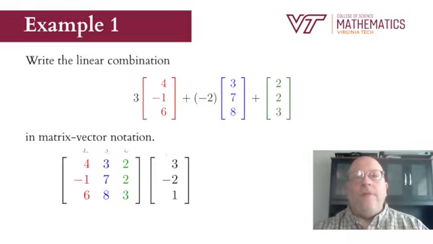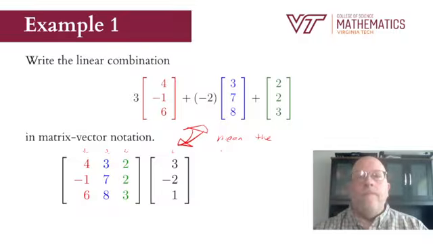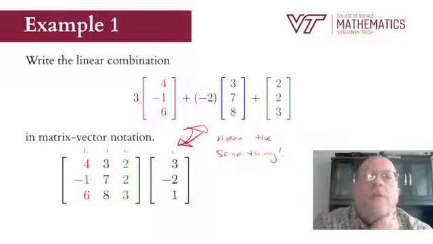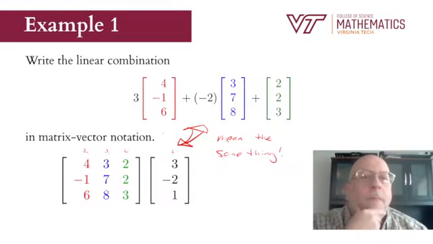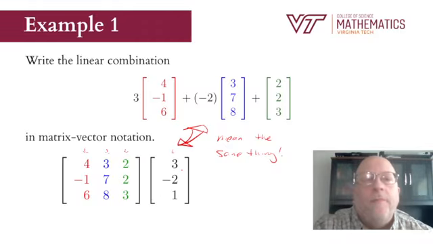And then the weights are listed separately in a vector 3, -2, and 1. These two notations, this here and this one up here, mean the same thing. Whichever notation you use is a matter of preference, but you'll see both of them in use from time to time. So they mean the same thing.